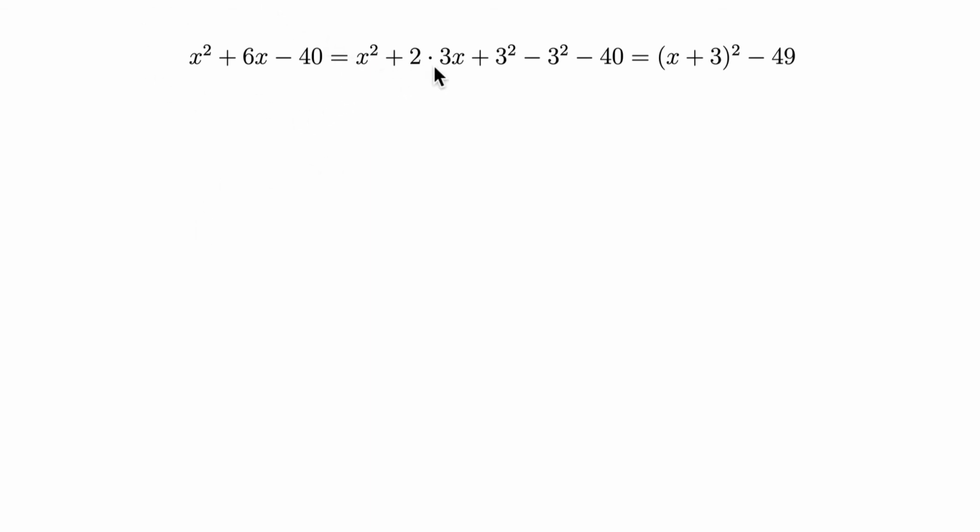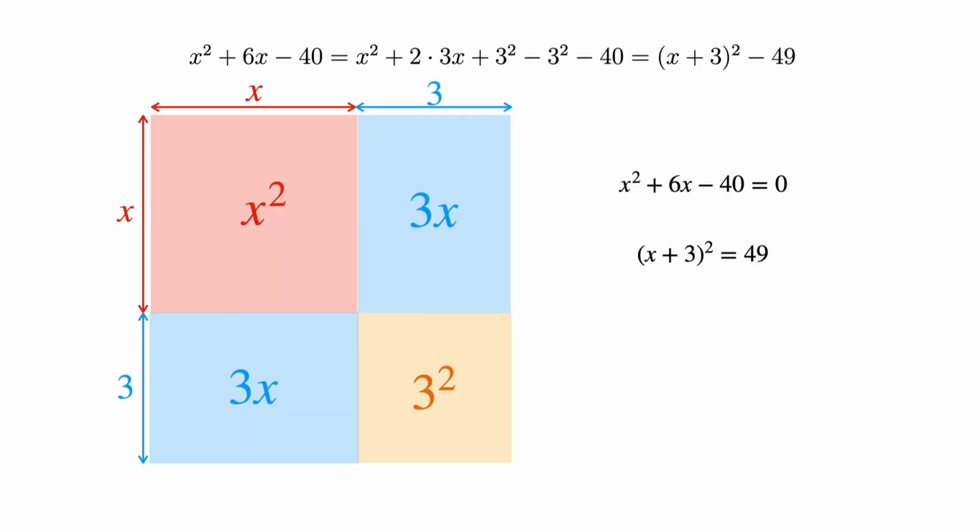Again, here is this completing the square, which you have already seen. And this equation is by this equivalent to the equation (x + 3)² = 49. And here I prepared a square for you, a square which has side of length x + 3, and the area of this square must be equal to 49.